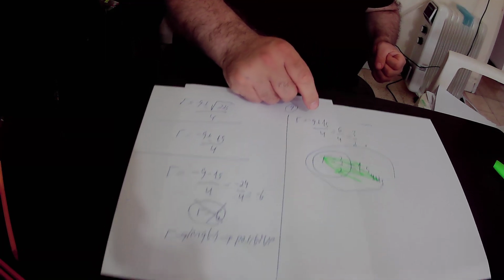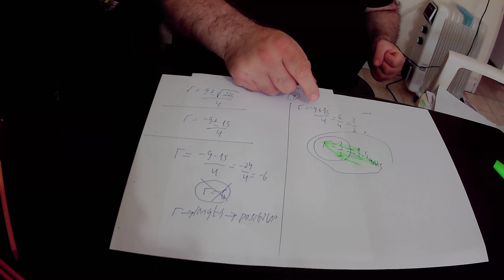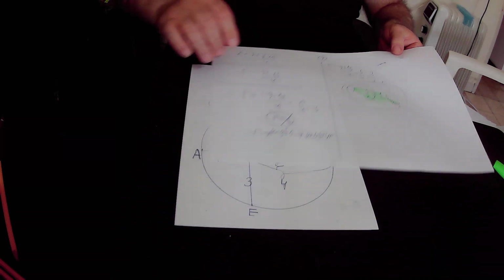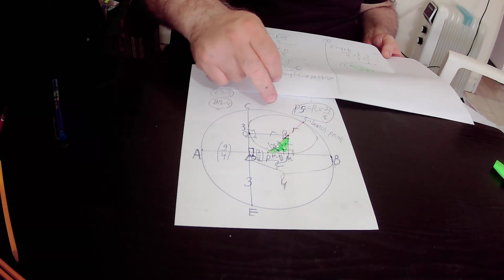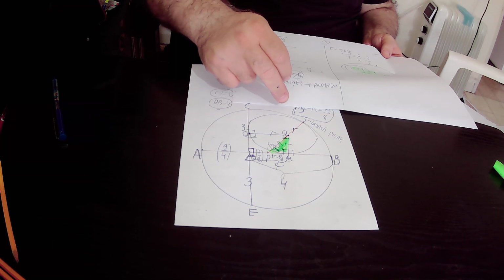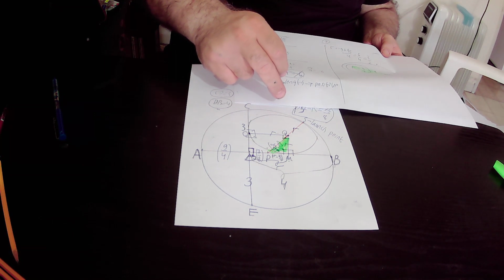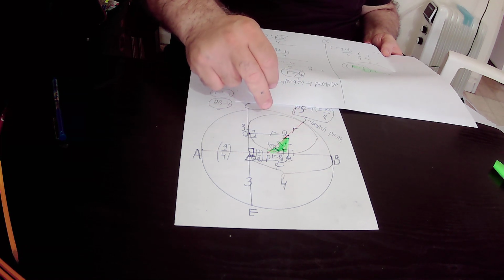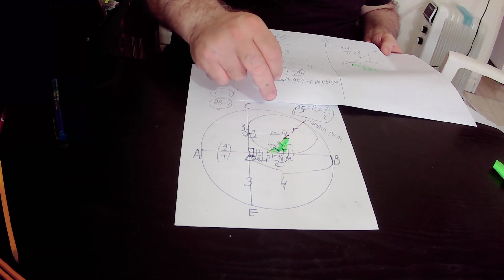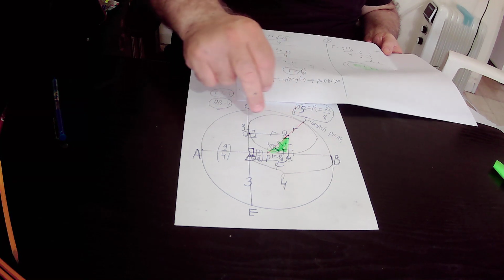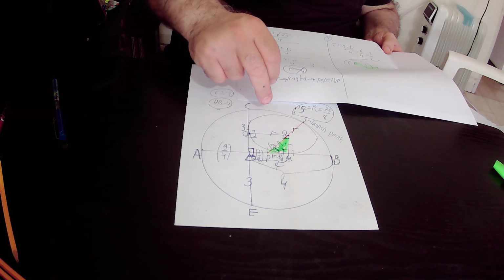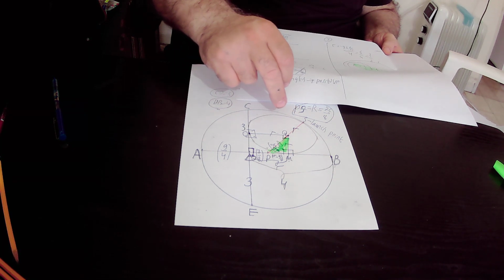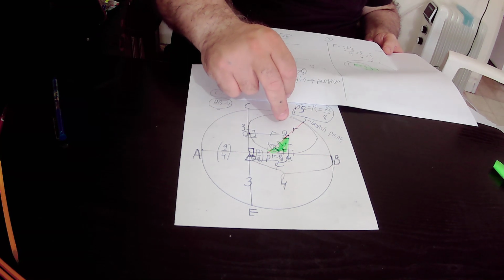So in conclusion we found out that r, the radius of this small circle, is equal to 3 halves, that is 3 over 2 units, or in terms of numbers it is equal to 1.5 units. I repeat again, r, the radius of this small circle, equals 3 halves, or in terms of numbers it is equal to 1.5 units.